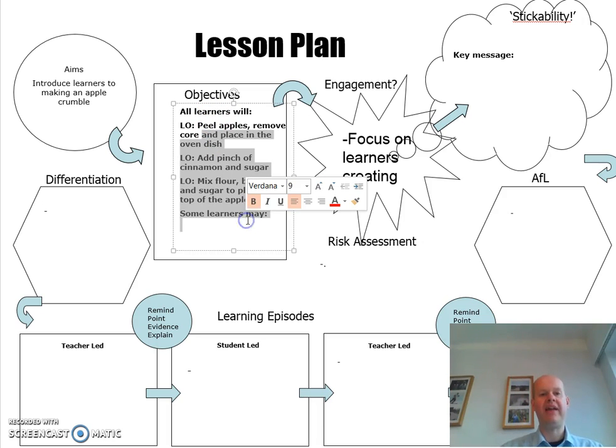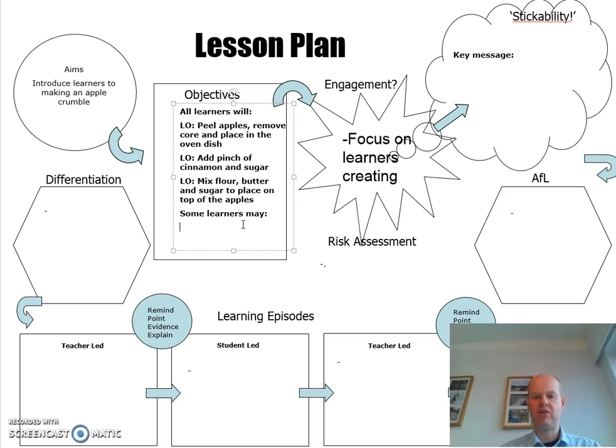So I will know at the end of the lesson whether students have done these or not, and that's how you can judge the success of it. Some learners may need differentiated objectives, because you change the objectives for your class depending upon the needs of your learners. Some learners might need more challenging outcomes, some might need easier outcomes, or some might need the task adjusted in some way to meet their different learning needs or different learning conditions.